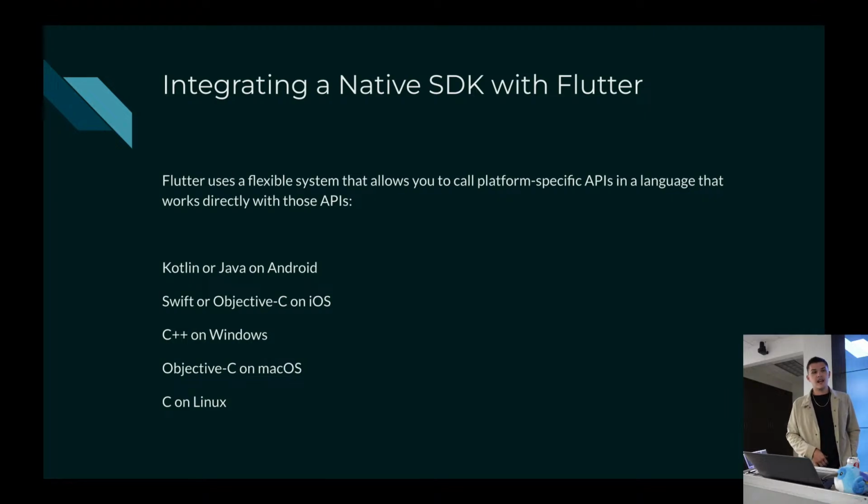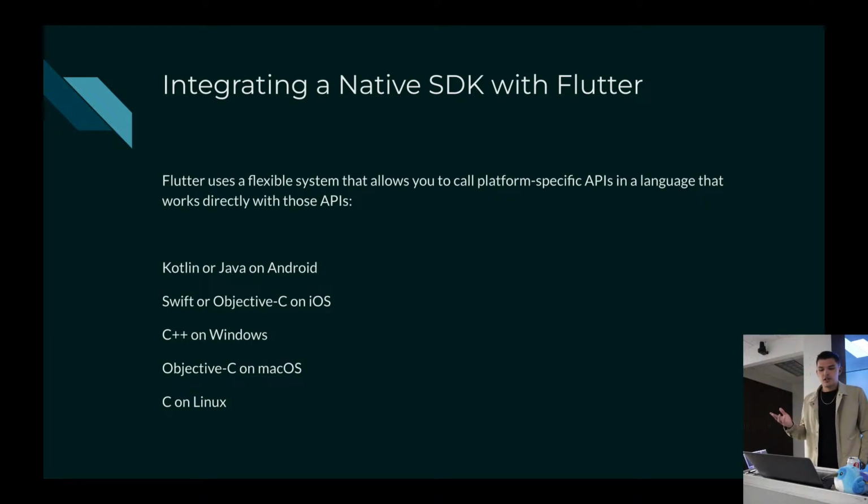Integrating a native SDK with Flutter is going to be the biggest jump in this case. Of course, you could write any kind of Dart-specific code without having to do any extra learning, but perhaps you need to work with a card reader or an RFID reader or a very specific piece of hardware that maybe isn't supported by a pub.dev package yet.